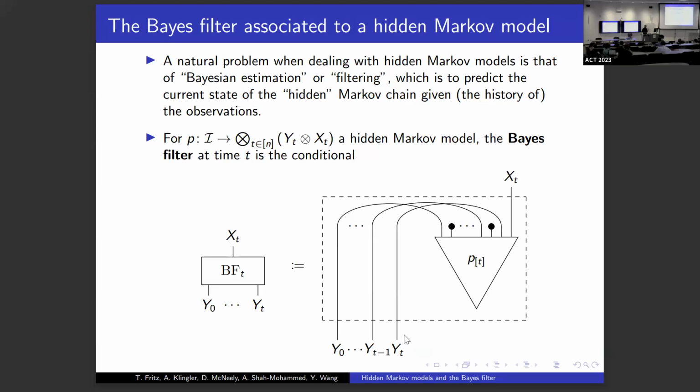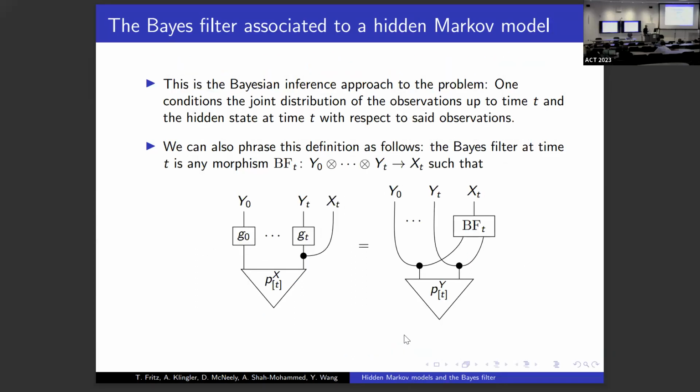Well, okay, you just marginalize onto the observation chain, but keep the last hidden output, the thing you're trying to estimate, and condition on the rest. So what this conditional is doing is that you take the joint distribution of all the observations so far and the last hidden state, and you condition on the observations. This can be rewritten in a more intuitive manner.